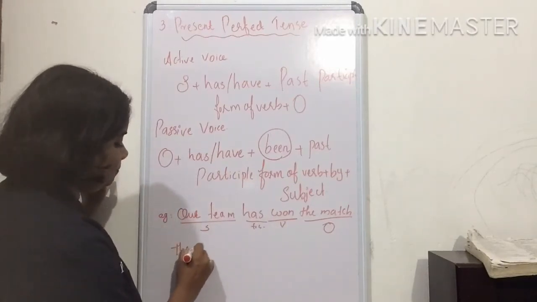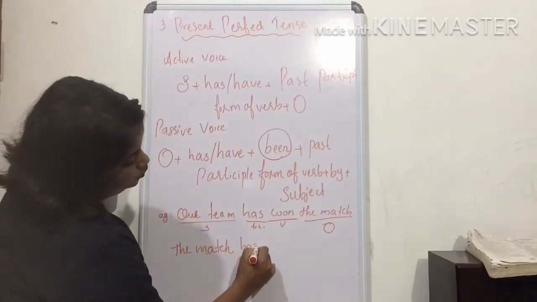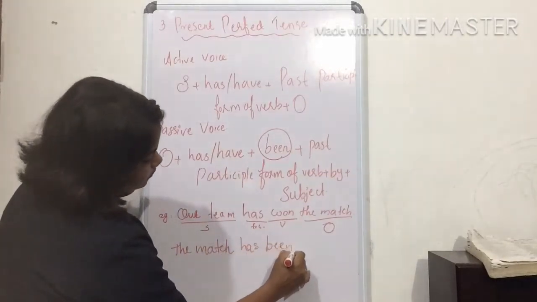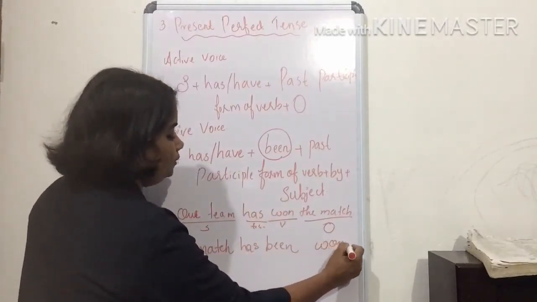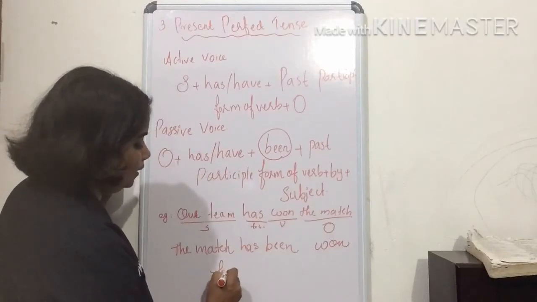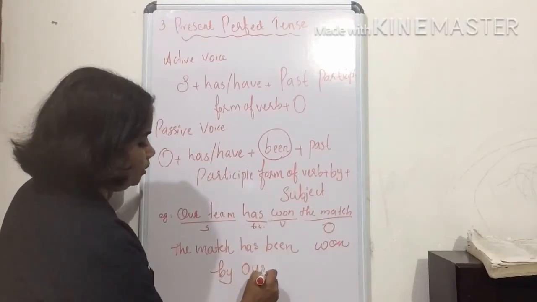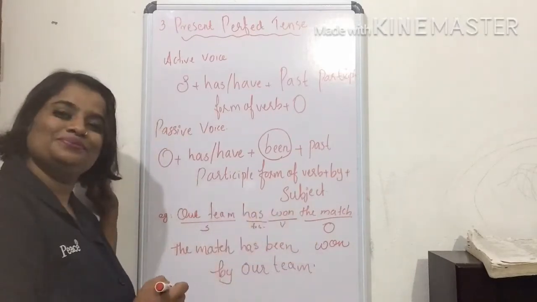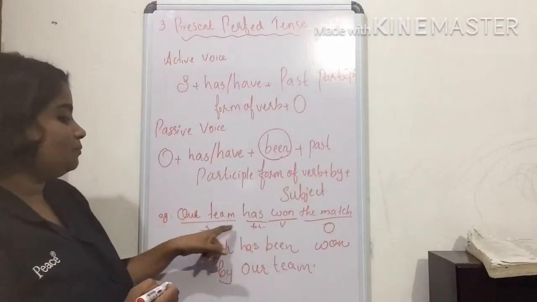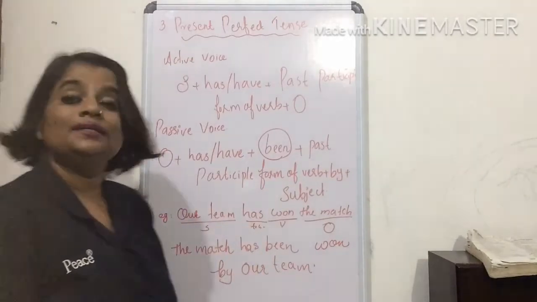Yes, the match has been, yes, has been won by our team. Finished. Our team has won the match. The match has been won by our team.